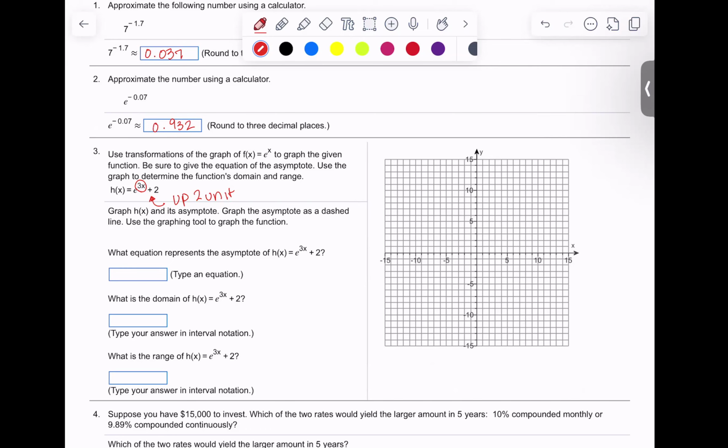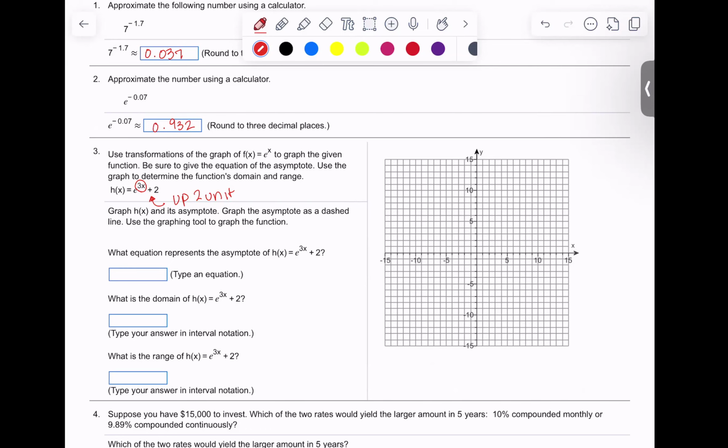So when I go into the graphing tool, I'm going to pick the exponential, just click anywhere on the graph, and it will graph e to the 3x. And then I'm going to use the graphing tool to tell it to shift that up 2 units and to shrink it horizontally by a factor of 3. So there are little input fields that you can put that in, and it will do that.